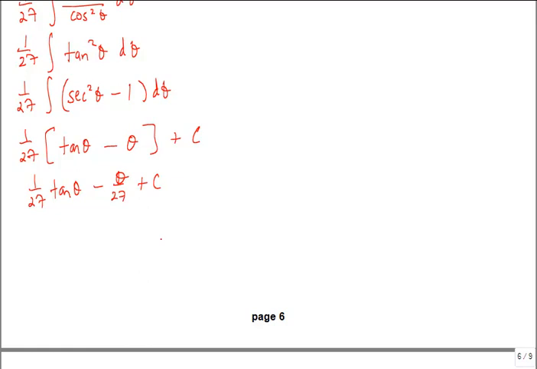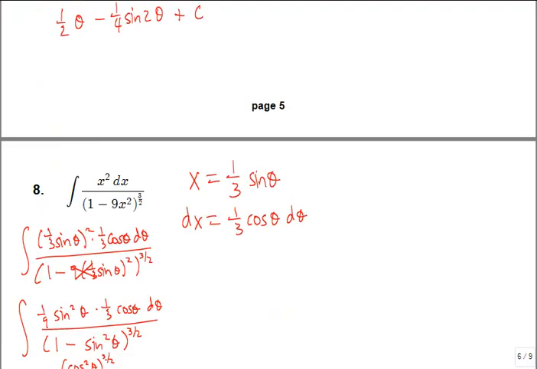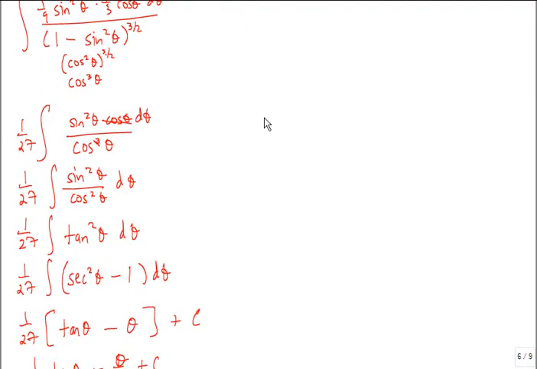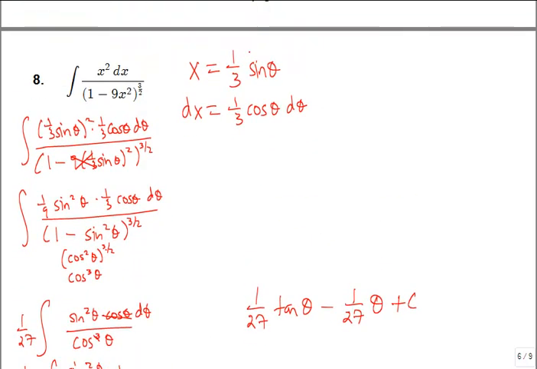But now we have to turn everything back in terms of x's. So let's go back up to our top here. This is what we're trying to change. And we're going to change it using this statement right here. So how do we solve this for sine of theta? Well, you can divide by 1/3, which is the same as multiplying by 3.